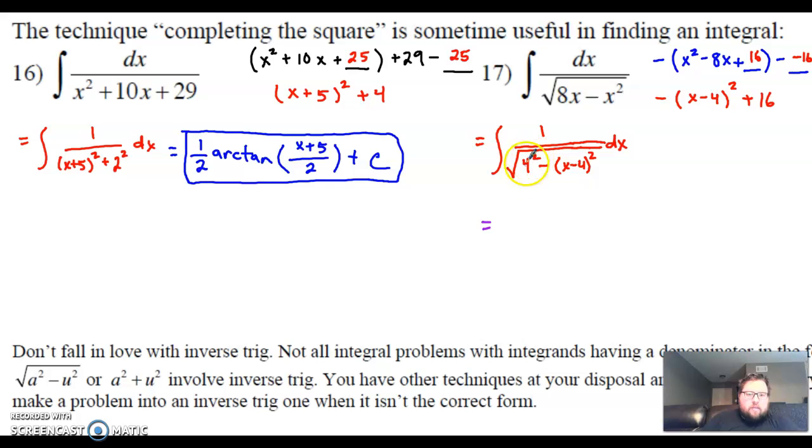We have a squared minus u squared. Once again, the derivative of u is a 1, so we don't actually need to write out the u substitution. Just keep that in mind as you're writing the integral. So this is an arcsine of u, which is x minus 4, divided by a, which is 4, and then don't forget your plus c.